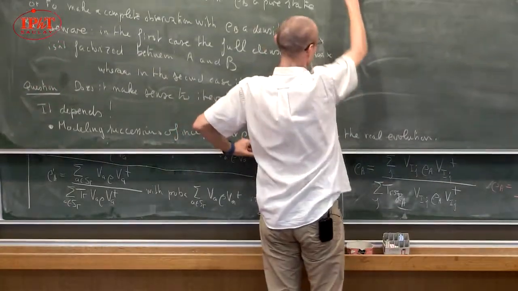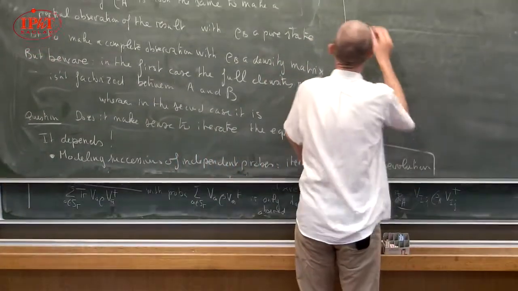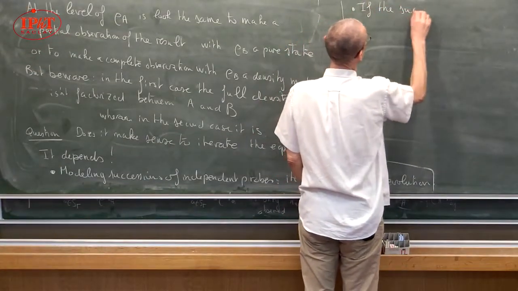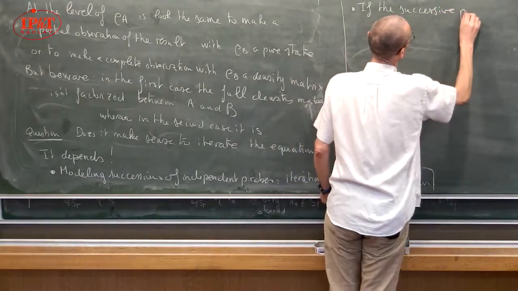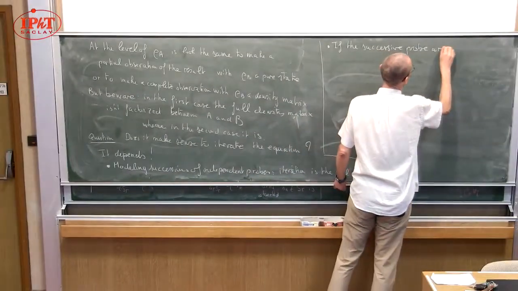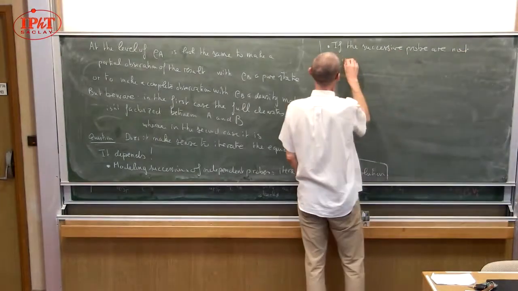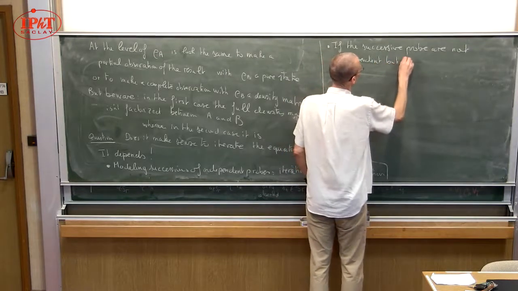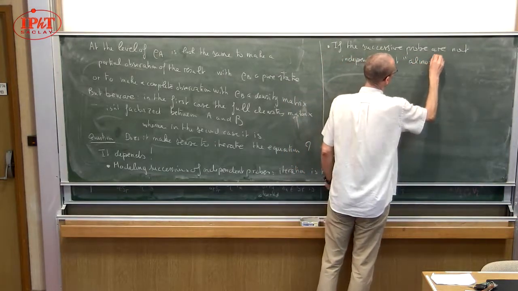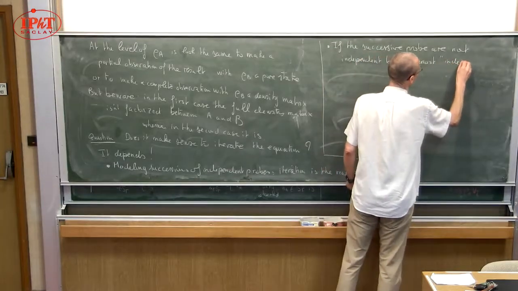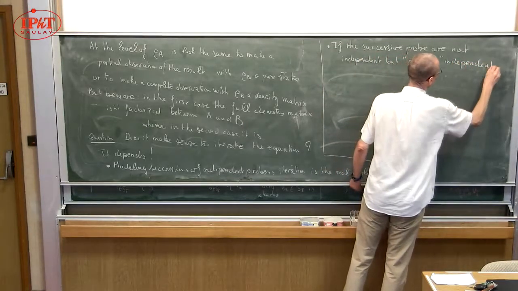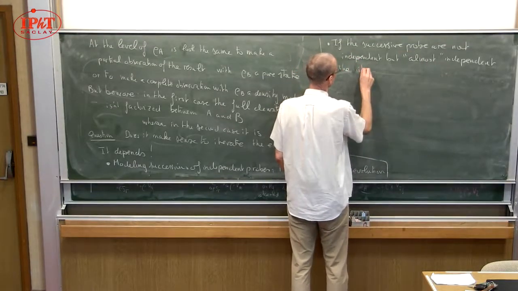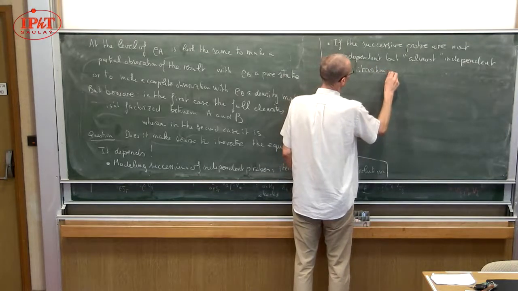Now, if the successive probes are not independent, but almost independent, then Markovian evolution iteration is a good approximation.